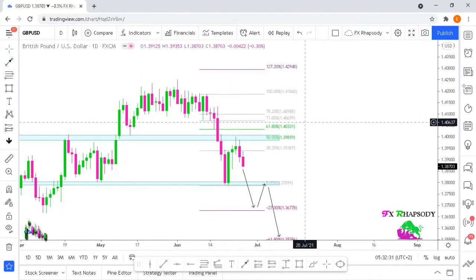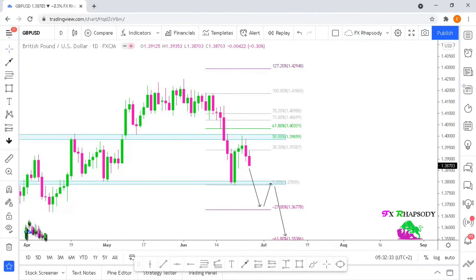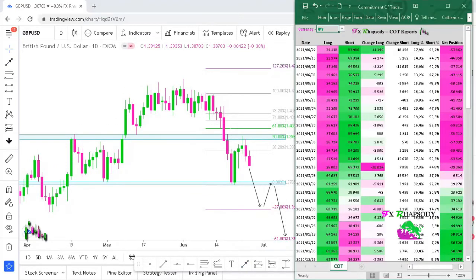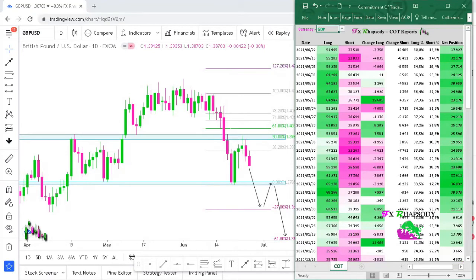So let's see what this commitment of traders report says. If we look at the British pound, measured against the dollar, you can see there's definitely a change in long positions. About 3,700 longs were taken out of the market, and 10,000 shorts put in.